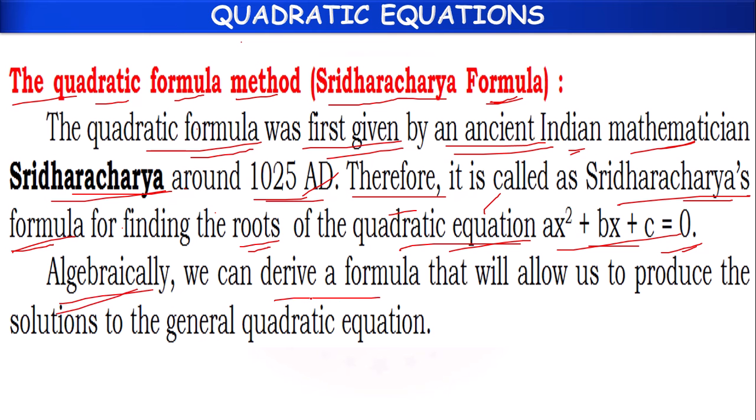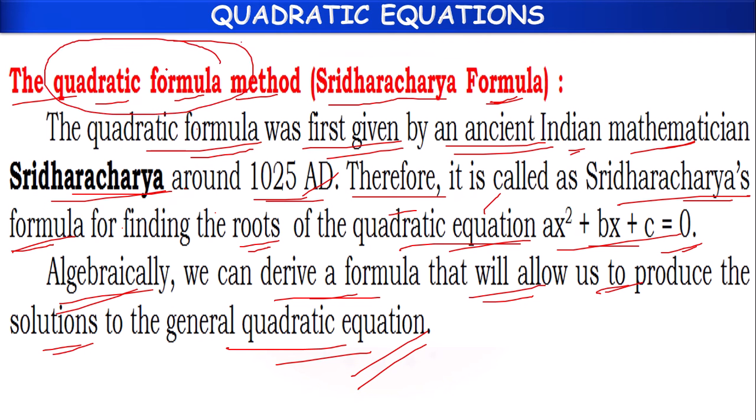Algebraically, we can derive a formula that will allow us to produce the solutions to general quadratic equations. So here we will be learning about this quadratic formula, children, means Sridharacharya's formula, now.